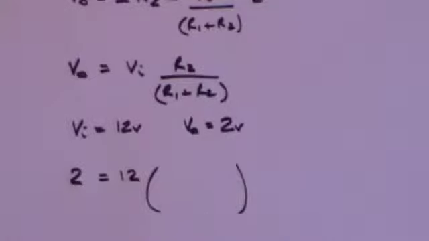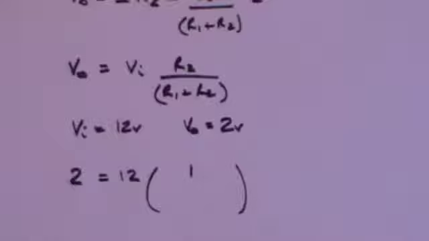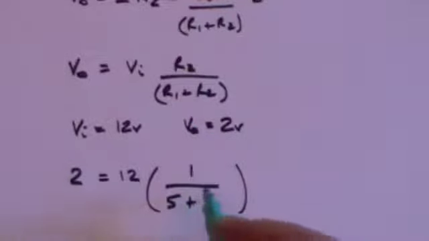You can do it a number of ways, but an obvious way is to set R2 to be 1 ohm, and then you've got R1 plus R2. Well, R2 is 1 ohm. I want that whole fraction to be a 6. So what does R1 have to be? R1 has to be 5.